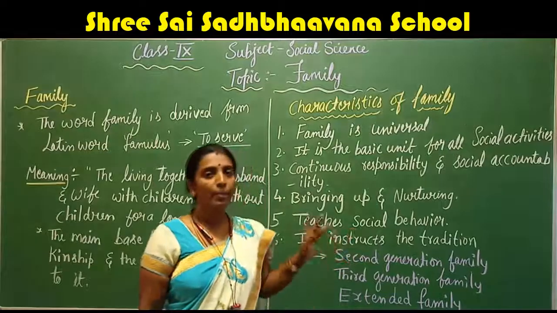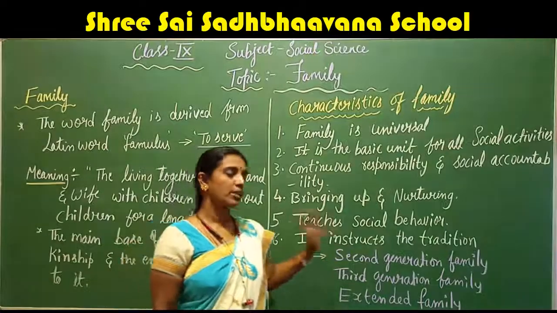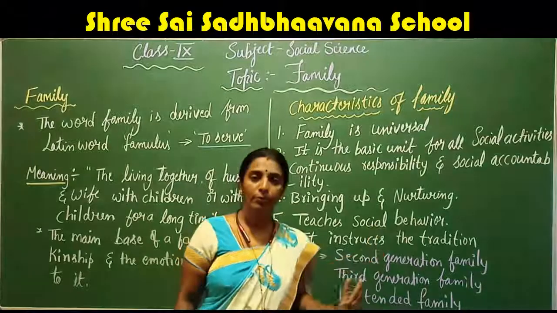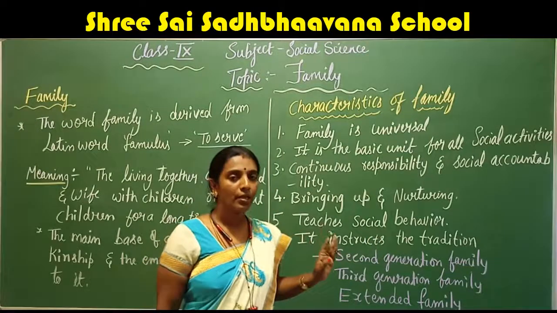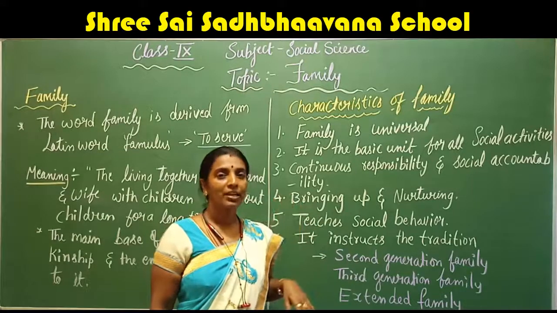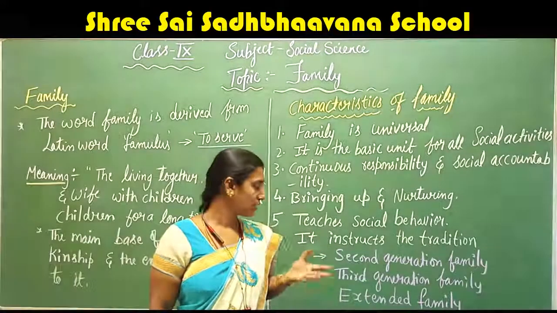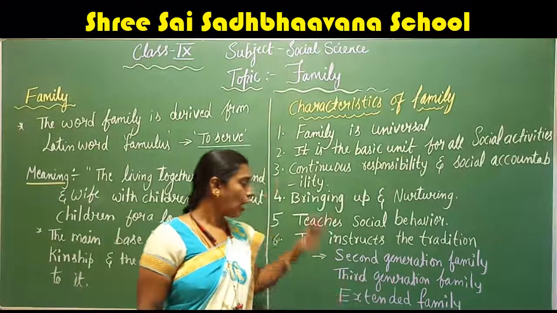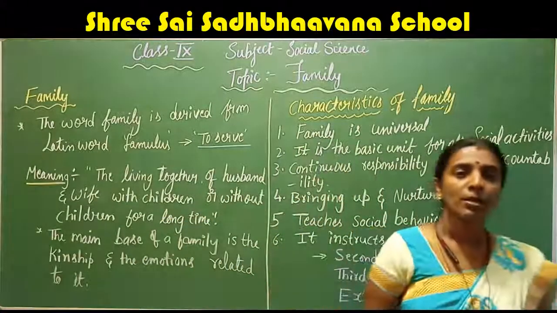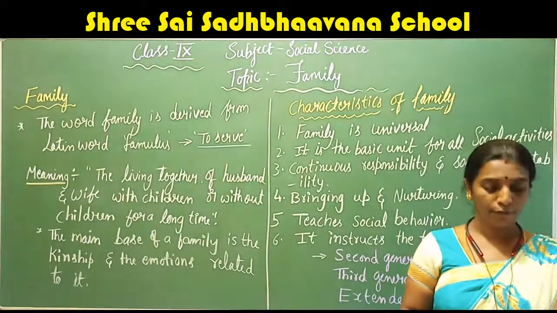Second generation family is where parents and their children stay together. Third generation family is where grandparents, parents, and children are included. And the family in which the grandparents, parents, children, and the grandchildren stay under the same roof is called an extended family. I hope you understood about the meaning and also the characteristics of family. Next, we will move on to understand the types of family.